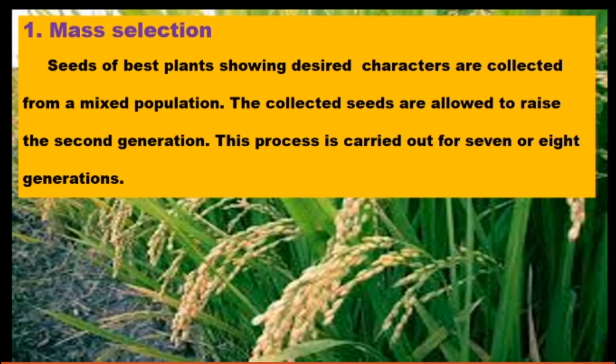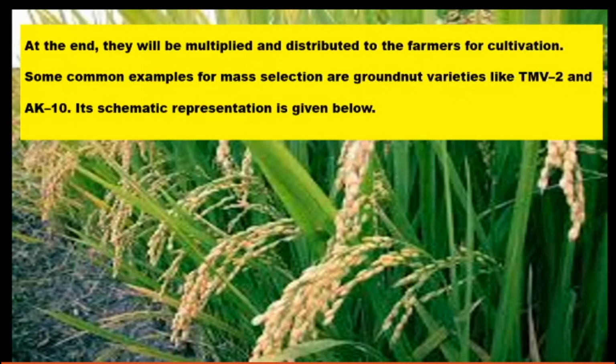Then the dominant or desirable character comes out. In the end, the seeds are multiplied and distributed to farmers for cultivation, and many farmers may be encouraged to cultivate them.